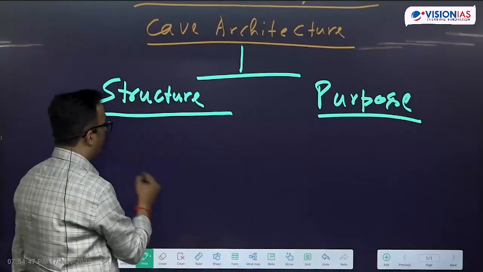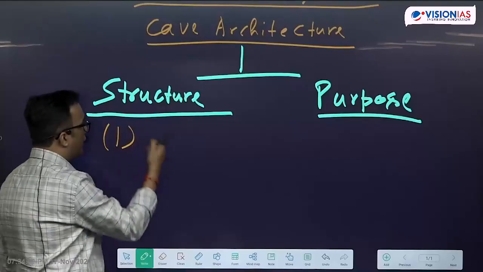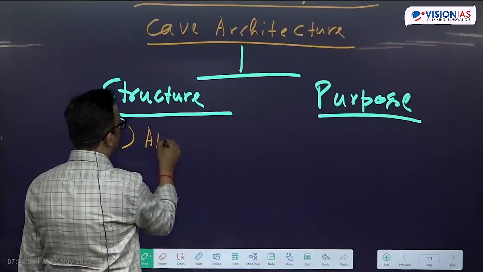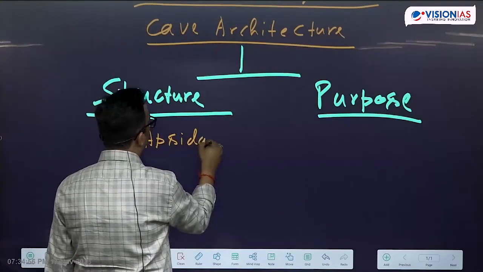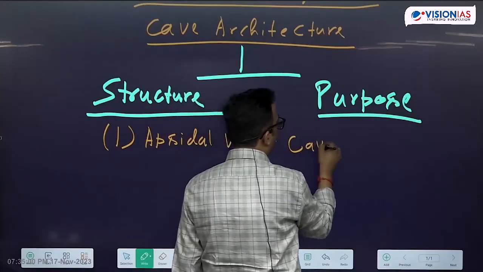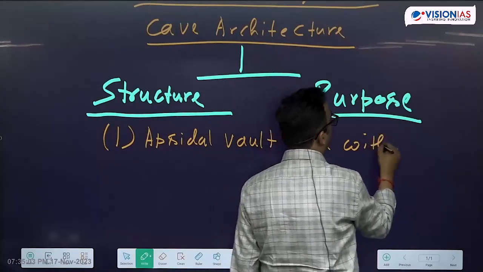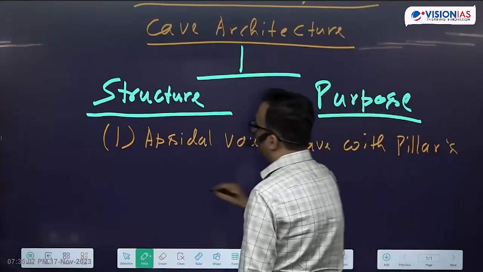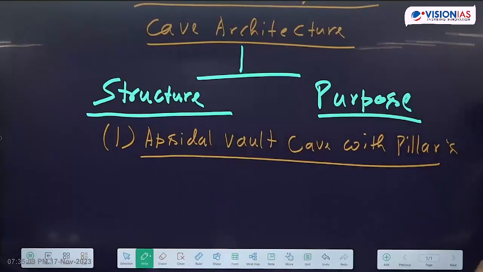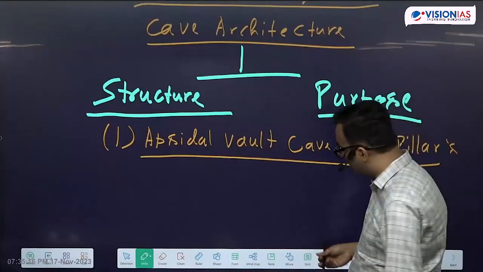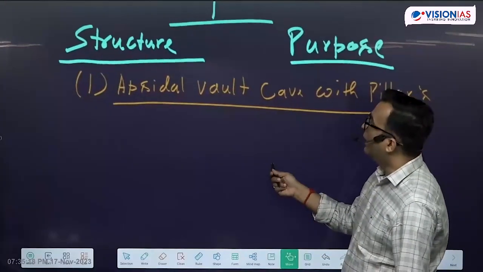The very first type of cave structure was the apsidal vault cave with pillars. Write it down along with me. Here the only thing you need to understand is the image; there is no big explanation.